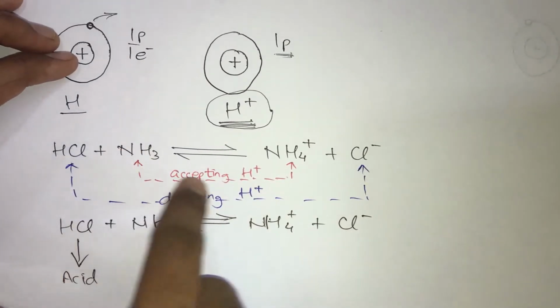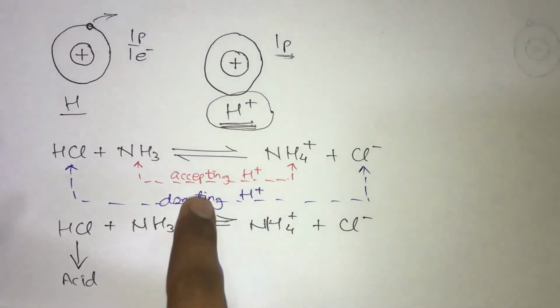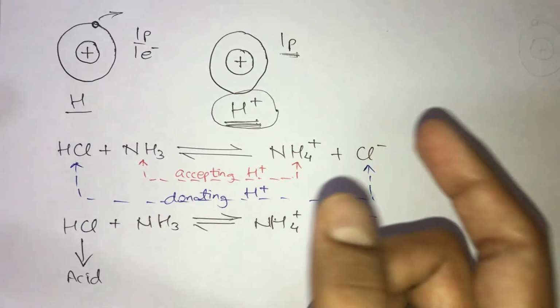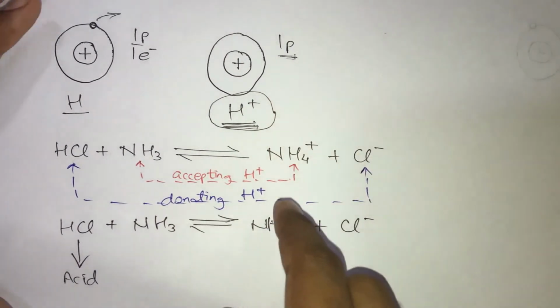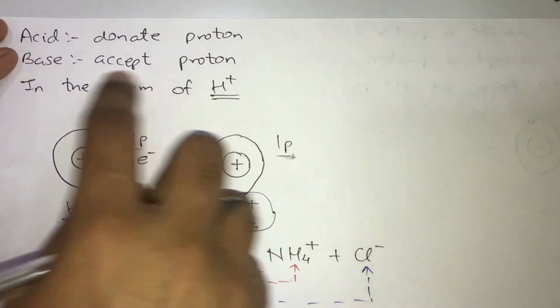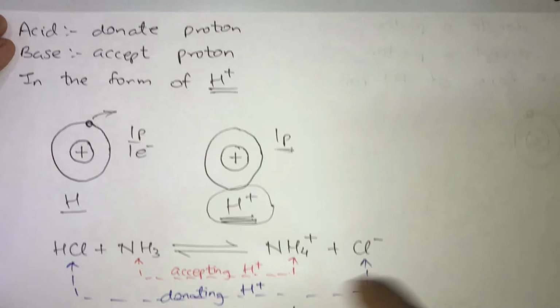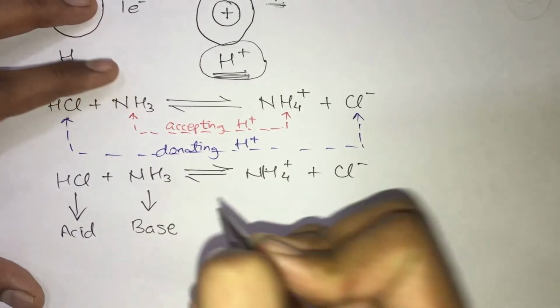Similarly, NH3 is accepting H plus ion, and when it is accepting an H plus ion, can we say it is equivalent to accepting one proton? Now, since it is equivalent to accepting a proton, and who accepts a proton? A base is going to accept a proton. So ultimately your NH3 is going to be a base.